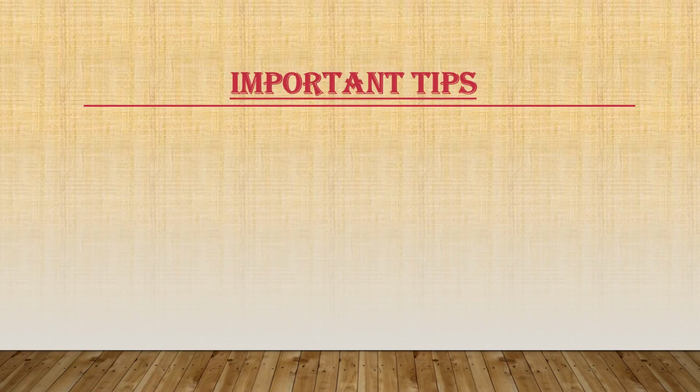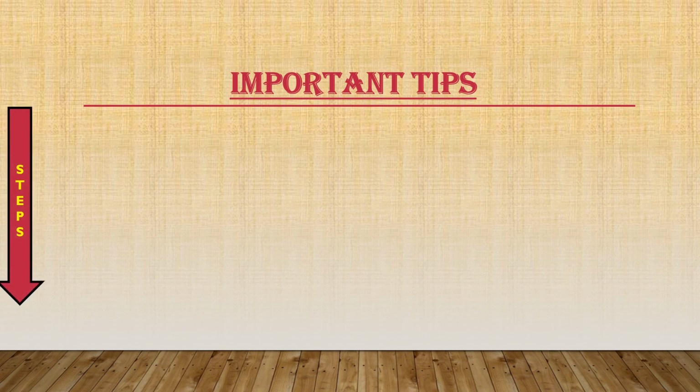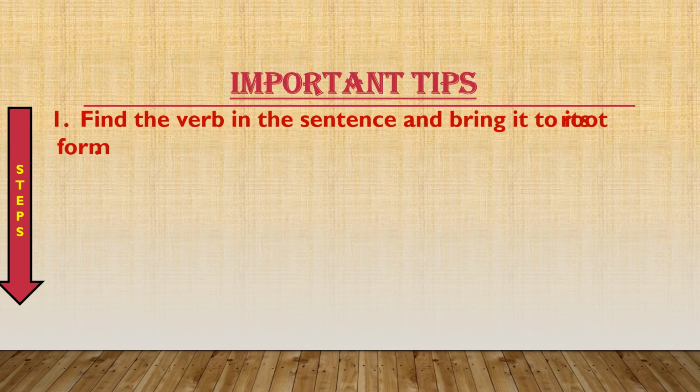Don't worry. Just to make learning simple for you and to help you in changing simple present sentences into negative, I have simplified this work into 6 simple steps. You have to follow these steps one by one and your sentence will automatically change into negative. The first step.